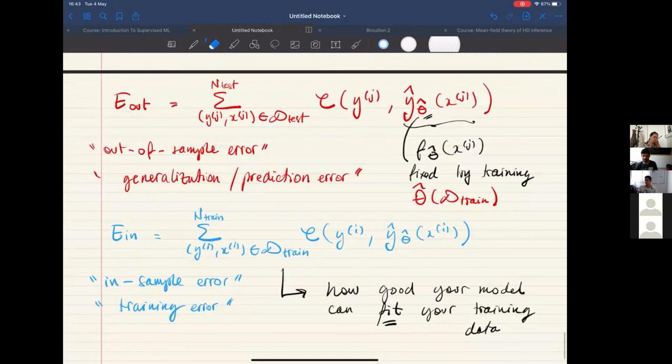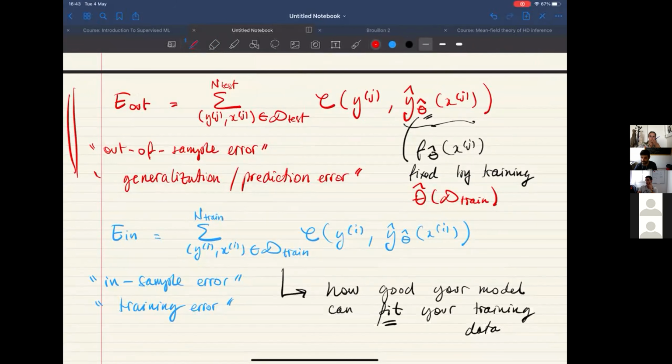So the quantity that really matters is the out of sample error. This is really what you are interested in. You want to reach a low generalization error. And as we will see, it does not necessarily mean that you reached a low training error, and this is the whole difficulty of machine learning.